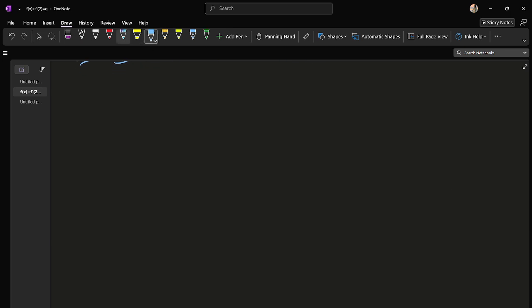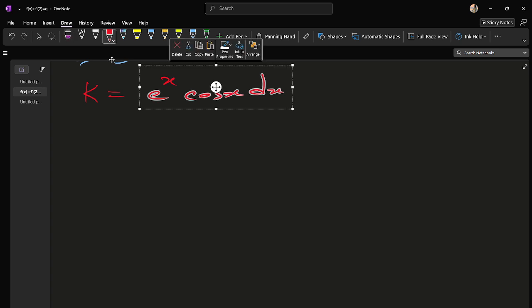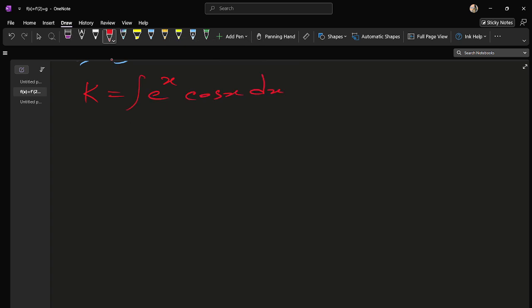So let me change my color. Our k is equal to the integral of e to the power x cos x dx. So what can be done here?